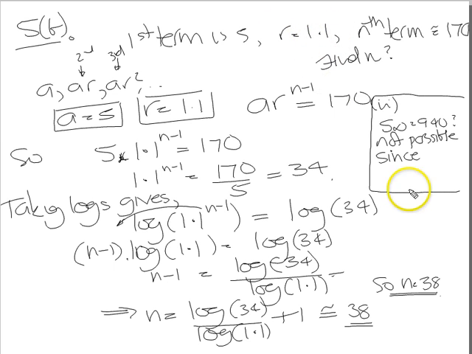So we've got 1.1, since r is bigger than 1. So that's the reason it's not convergent. So it shoots off to infinity. So S infinity, no, it's not possible since the common ratio is greater than 1. And r must be less than 1 for S infinity to exist.